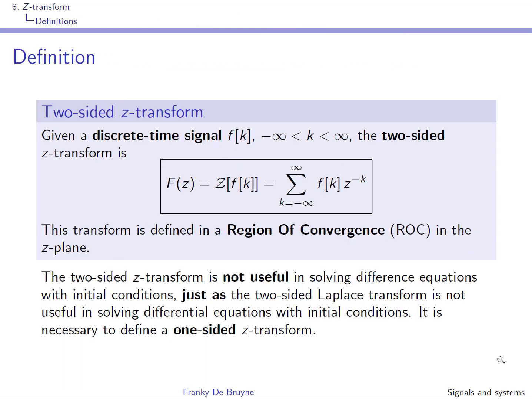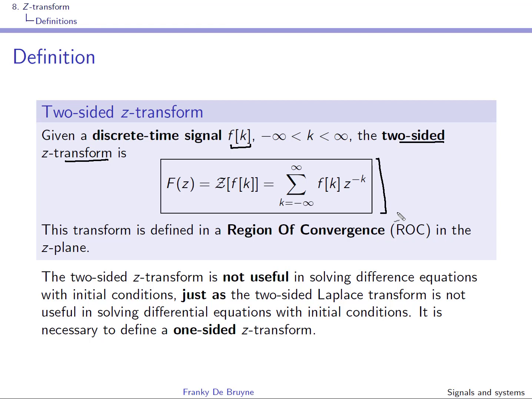So if we are given a discrete time signal f of k, right, we can compute its two-sided z transform using the definition that we have shown here in the previous slide.